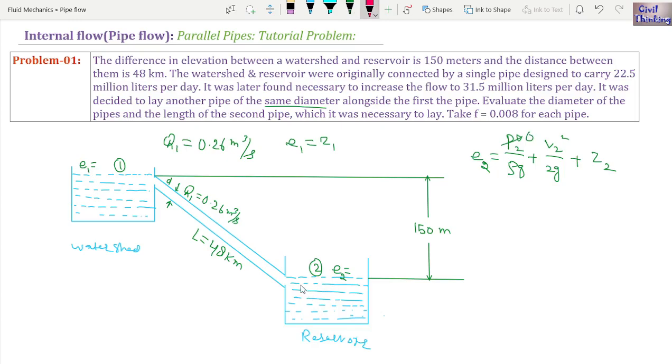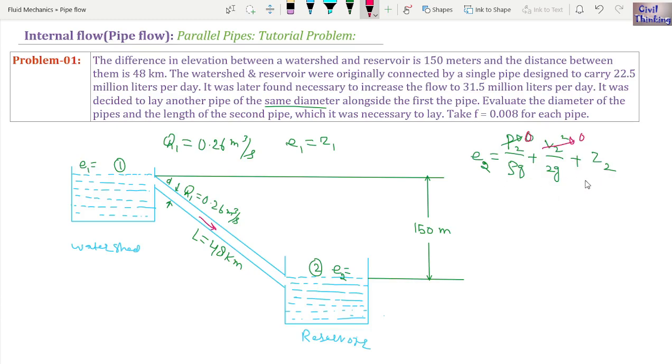The velocity at the reservoir surface is very small, so we can neglect it, because the velocity in this pipe is very high compared to the velocity of this surface. So V2 is 0, and E2 is 0 plus 0 plus Z2.